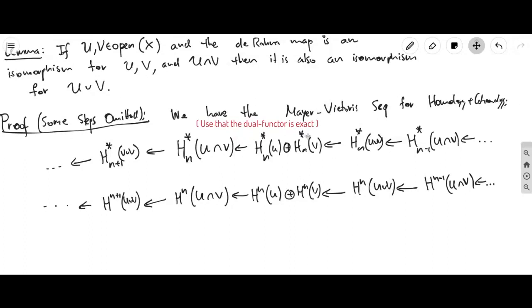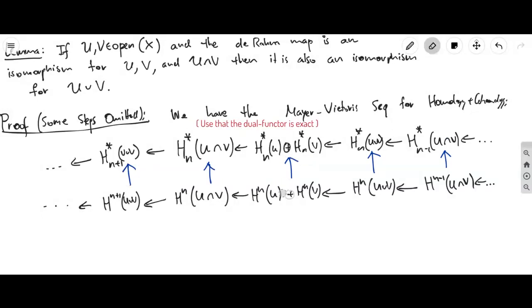And we have the de Rham maps. The de Rham map is the one that goes from cohomology to the dual of the homology. So you have all of these arrows that go like this.